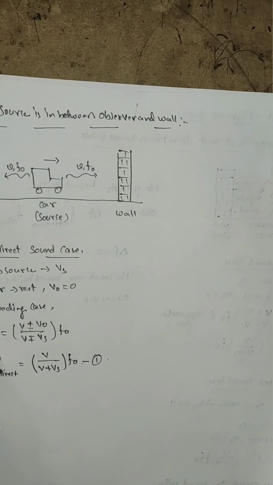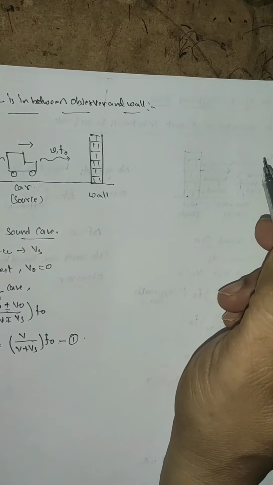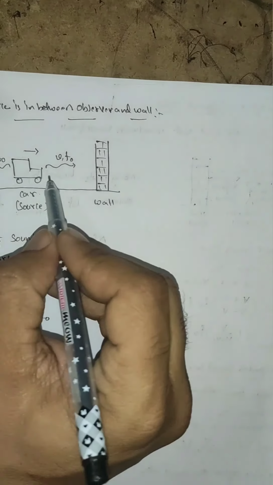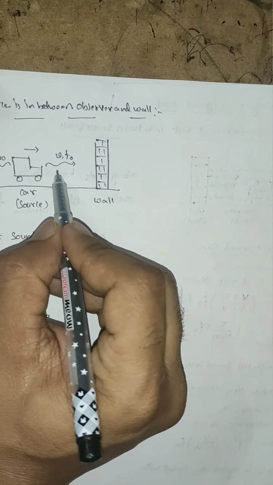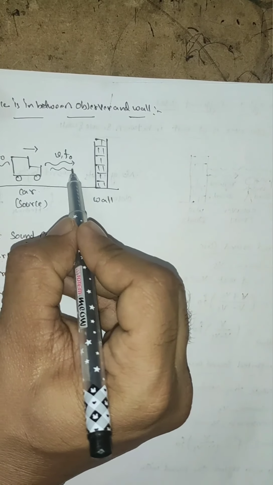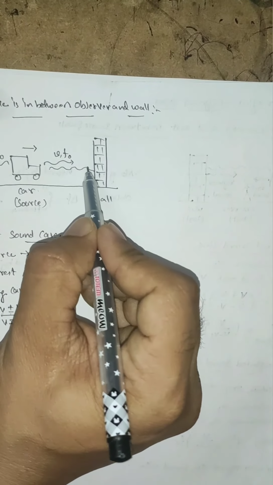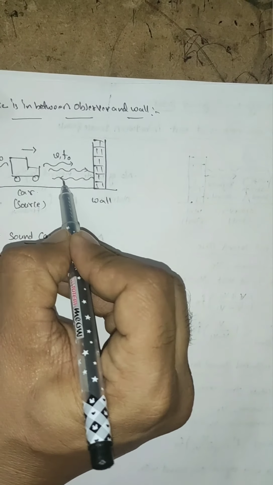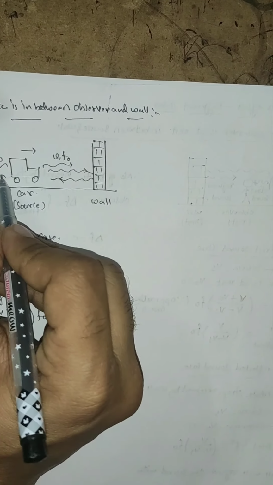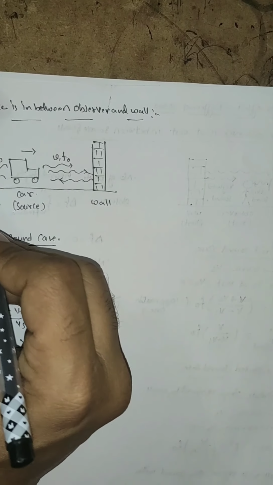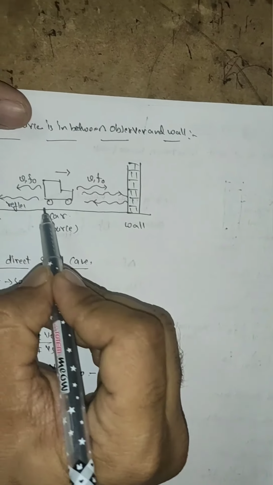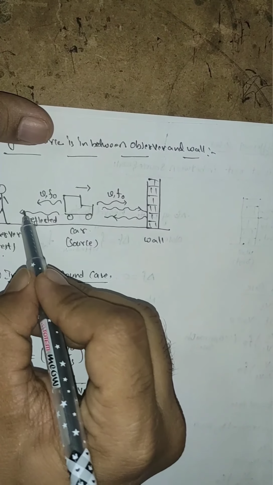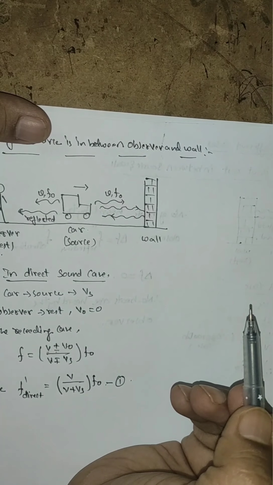Now let us find out the frequency received by the observer after reflection. This sound travels towards the wall and is reflected, and this reflected sound wave is received by the observer.